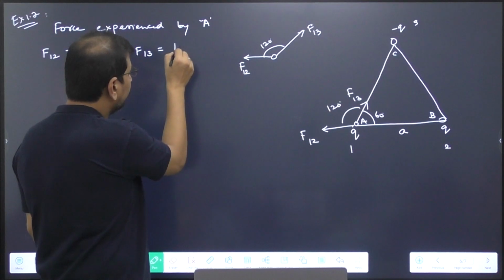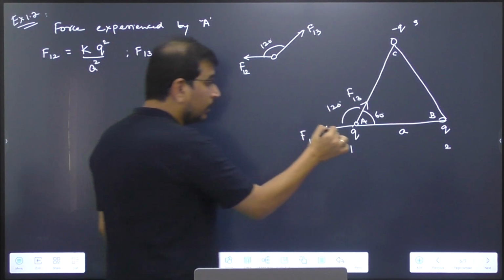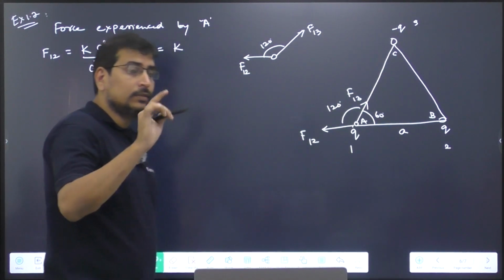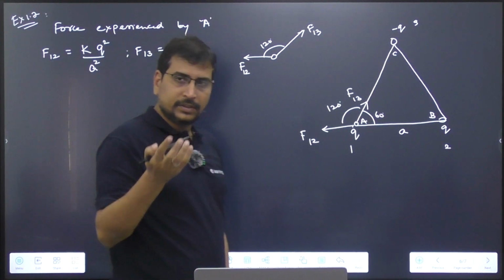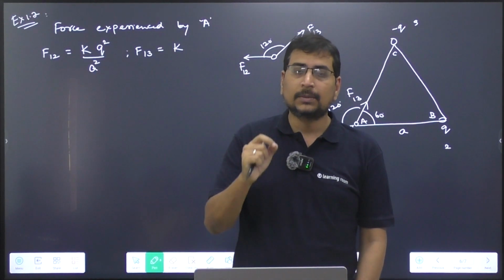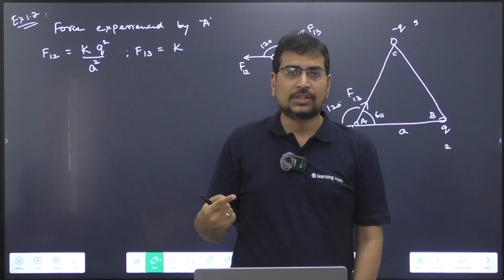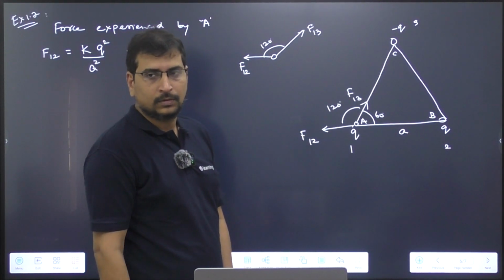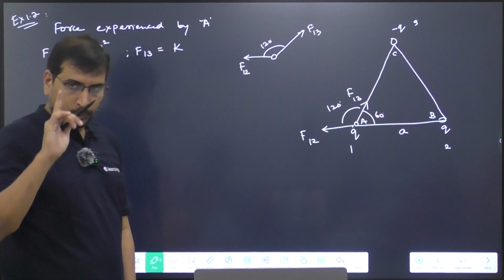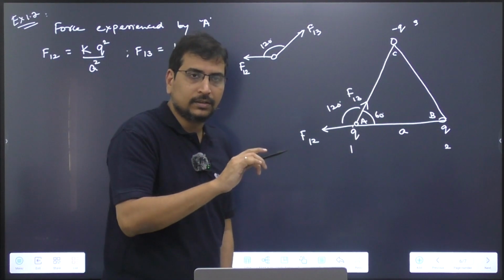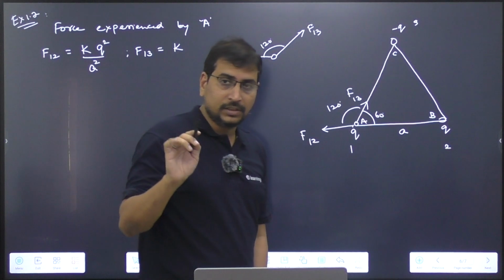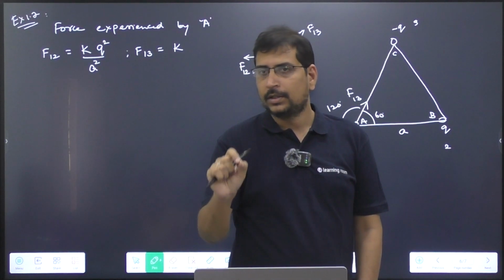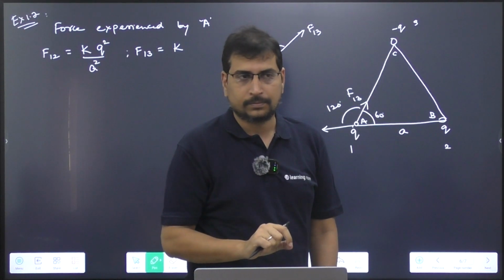K times Q into, this is where we made the mistake. Just take modulus. I told you, in Coulomb's law, we take the product of the magnitude of the charges. Why? Because the direction is already taken care of. So wherever you are dealing with vectors, have this in your mind: you need not take the sign of the charge into consideration, provided you already know the direction.